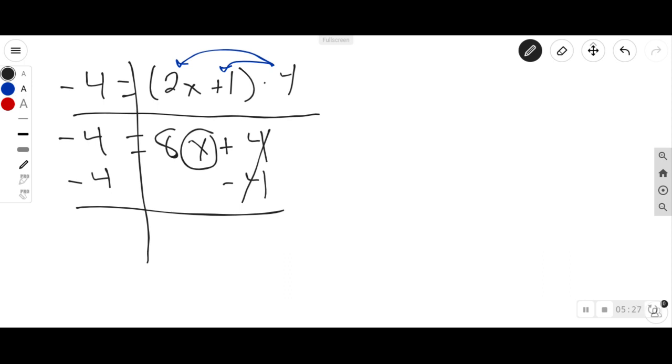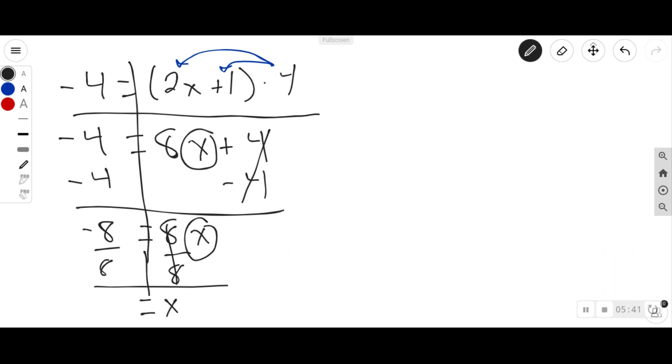Negative 4 minus 4 is negative 8. And bring down the 8x. To get rid of the 8, I'm going to divide it to the other side. So x equals negative 8 divided by 8 is negative 1. Now that's our answer. Now we need to check and see if it's also our solution.